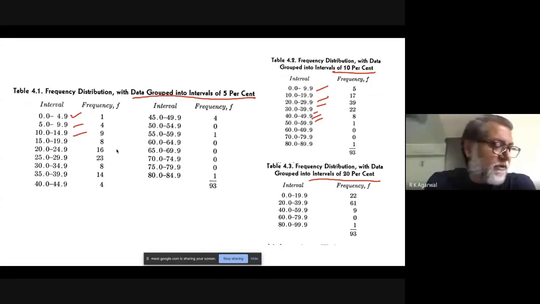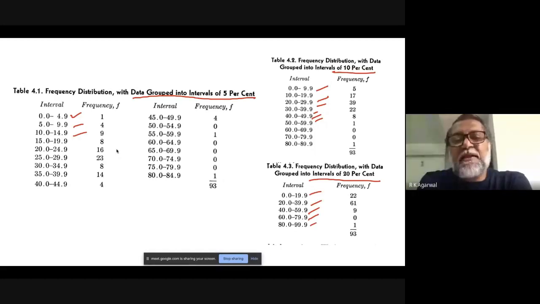That is 0 to 20, 20 to 40, 40 to 60, and so on. So basically, there are three frequency distribution tables. The first table has an interval of 5%, the second 10%, and the third 20%. Now, why do we have three different tables with three different intervals? So let us see why.